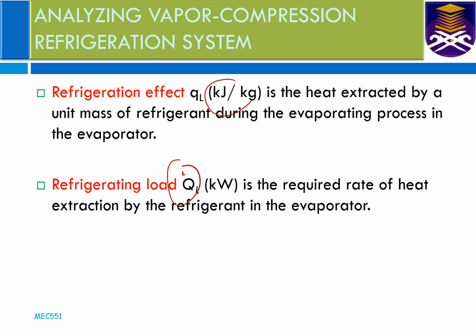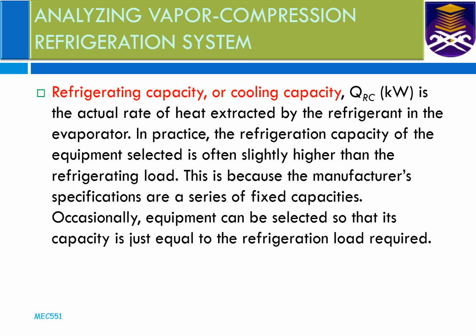So this is a unit of kilojoule per kilogram. And then refrigeration capacity or cooling capacity, Q_RC, is the actual rate of the heat extracted by the refrigerant in the evaporator.